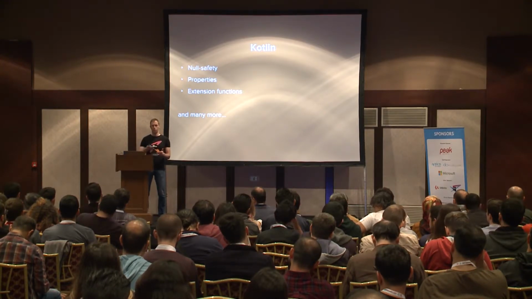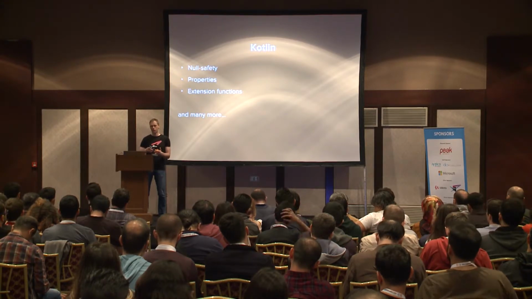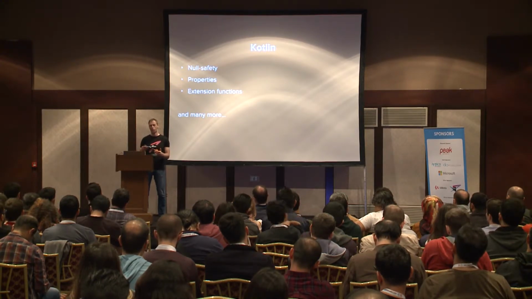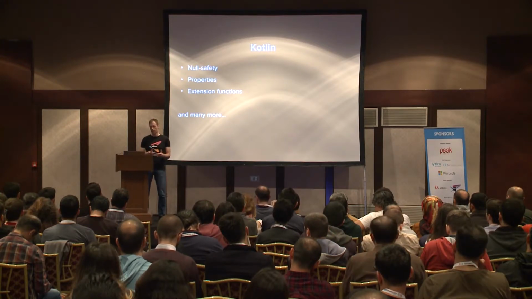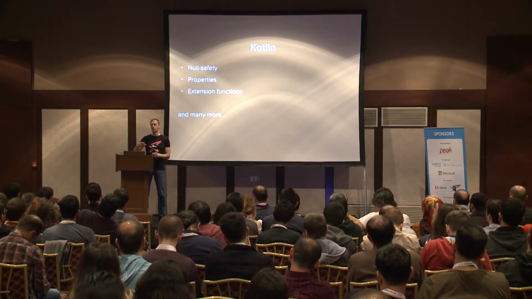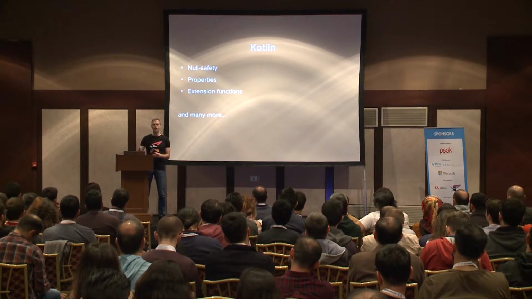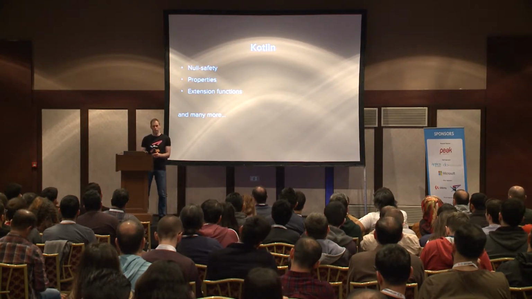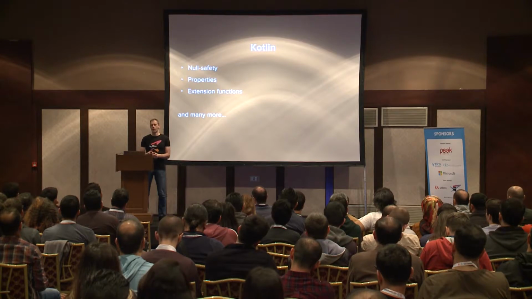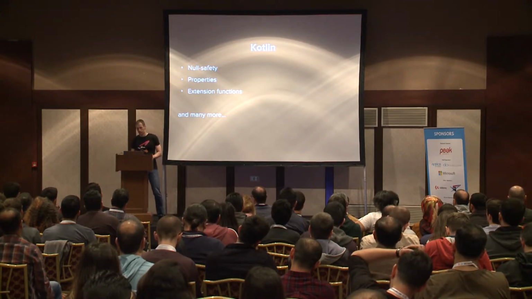For example, classes you get from the JVM, you can extend them with your own methods and call them as if they were instance member methods of those classes, even if these classes are third-party or standard library and so on. This is again about interoperability with existing code, and we'll see some examples later.